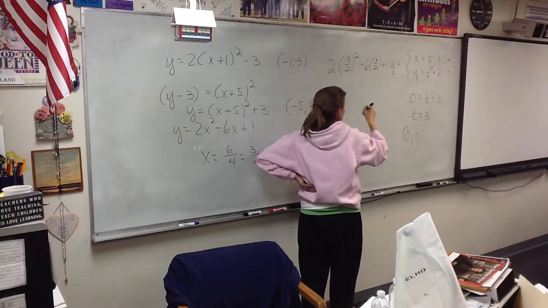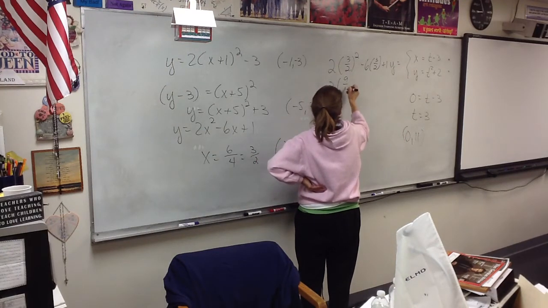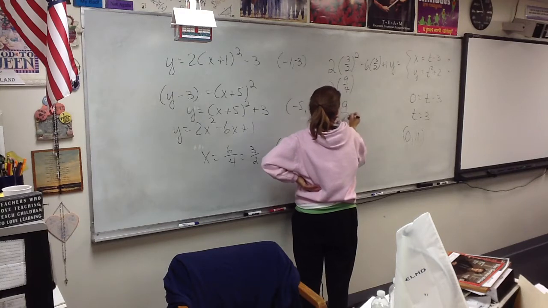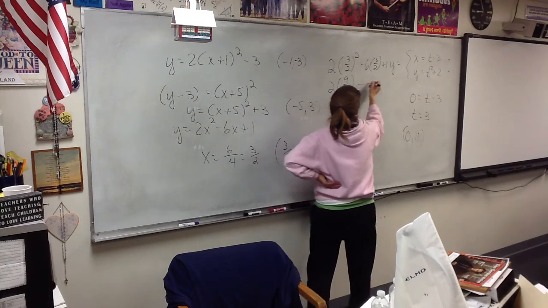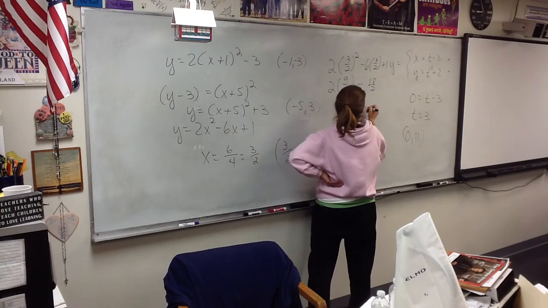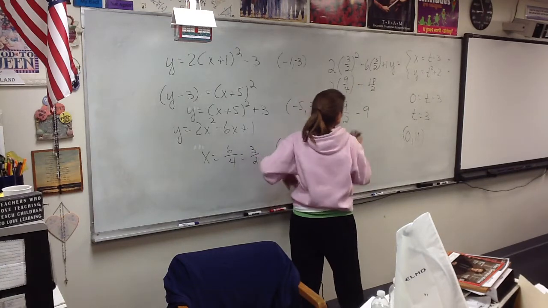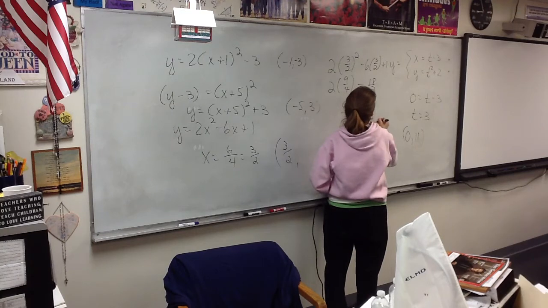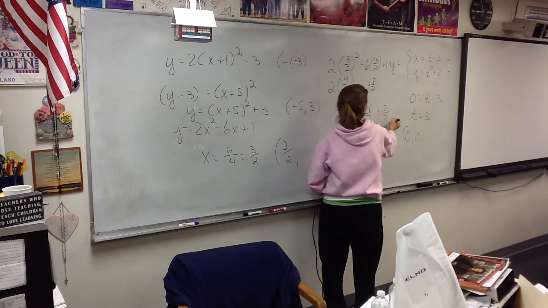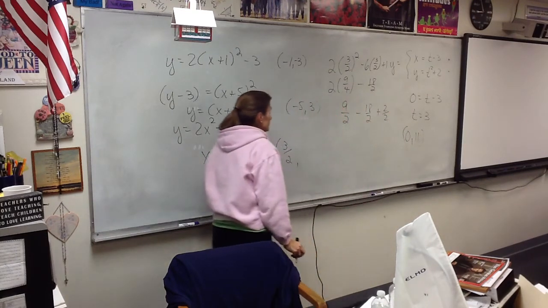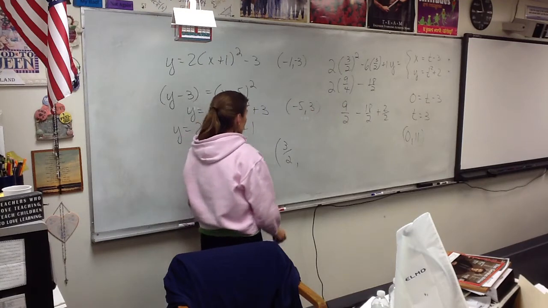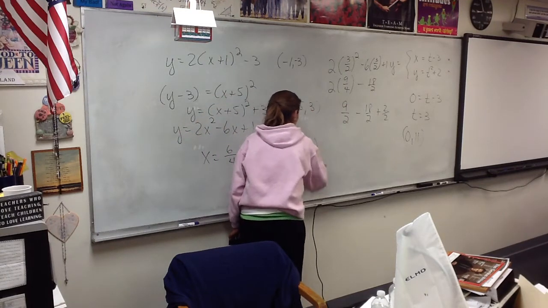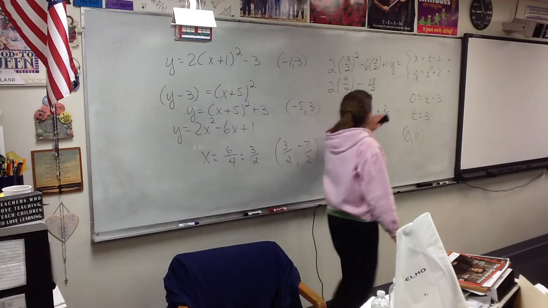No whining. 2 times 9/4, which would be 9/2, minus 18/2, which is 9, or maybe I'll just leave it 18/2. That might be a good idea. Plus 1, which is 2/2. So what do I get? -7/2.